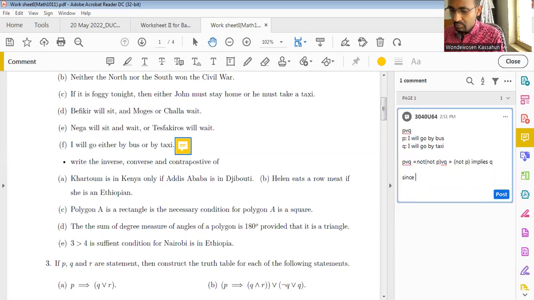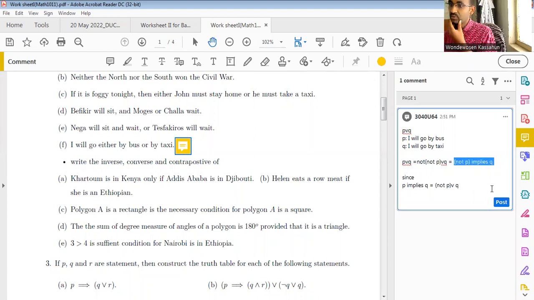Since P implies Q is equivalent to not P or Q. Why? Because P implies Q is false only if P is true and Q is false. Okay. So now, P or Q is equivalent to not P implies Q.